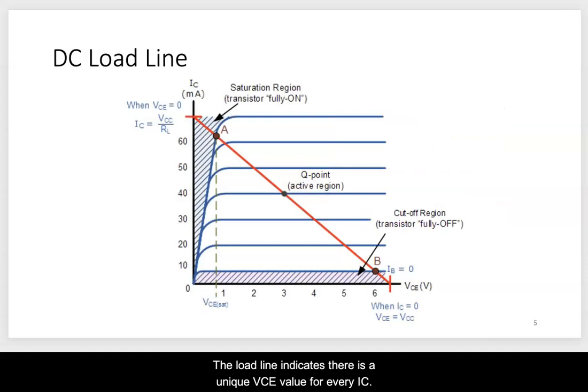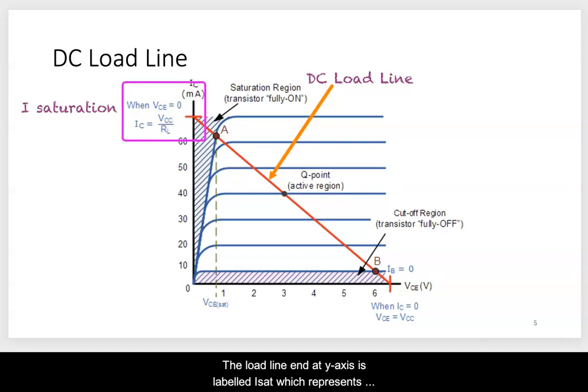The load line indicates there is a unique VCE value for every IC. The load line at the y-axis is labeled I saturation, which represents the ideal value of saturation current for the circuit.